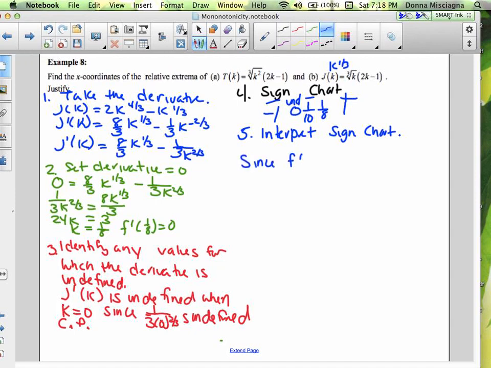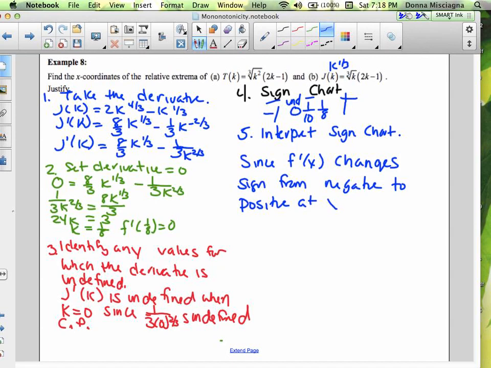All right, so since f prime of x, oh man, this is long. Did not mean to make this video that long. Changes sign, should have broken it up, from negative to positive at x equals 1/8, that's going to be a minimum. X equals 1/8 is a relative minimum for f of x.